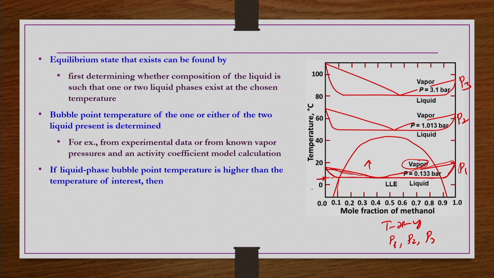If the temperature of your interest is less than this bubble point temperature, or the bubble point temperature is higher than your temperature of interest, the temperature of interest may be, let us say, 2 degrees centigrade here, right. So, within this one you can have only one liquid phase or two liquids present.